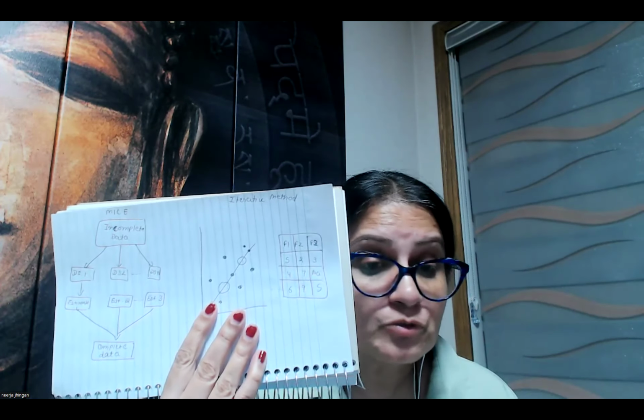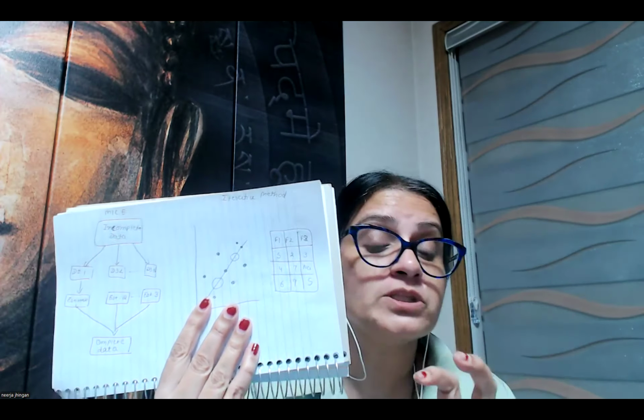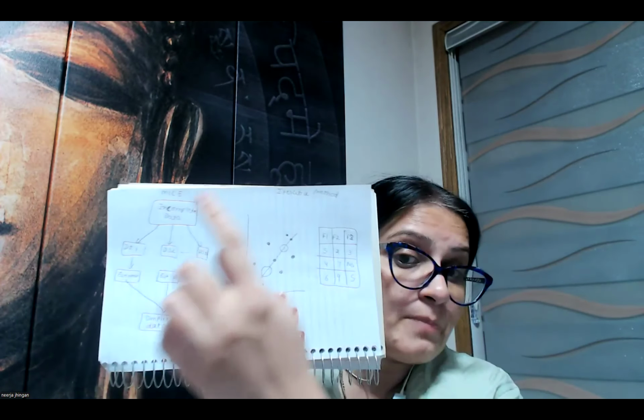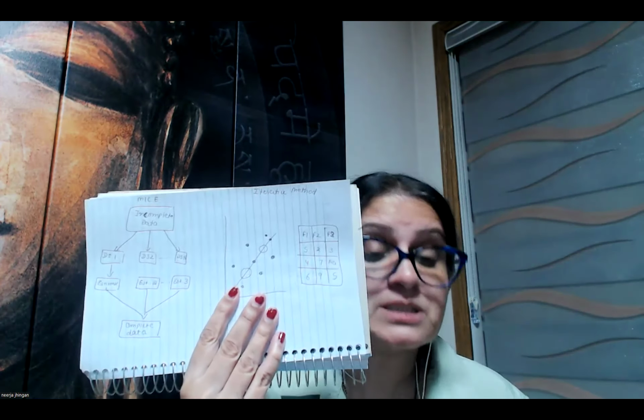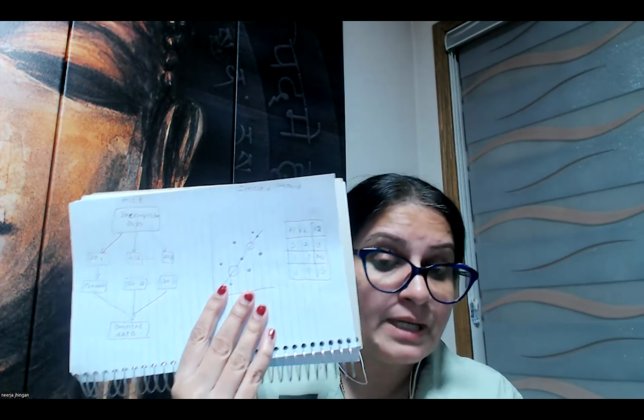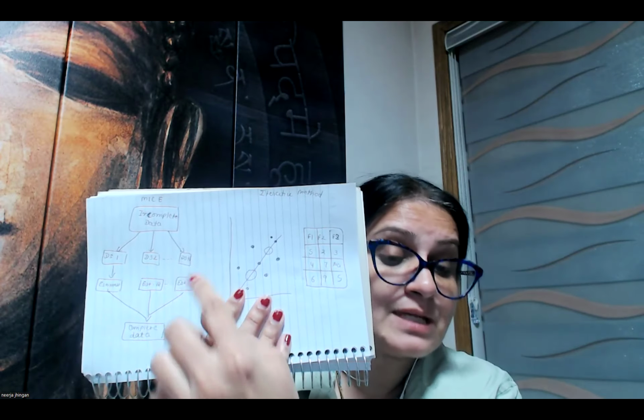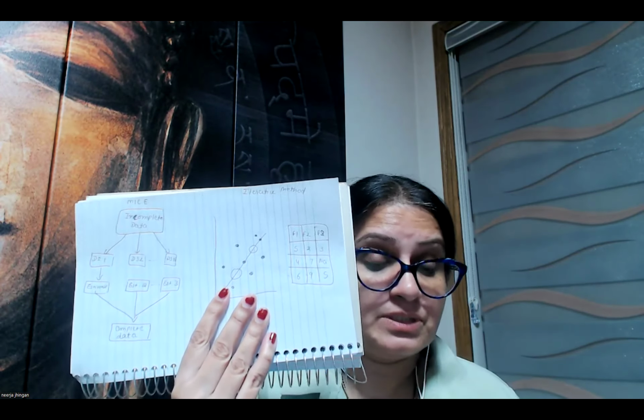But it is not going to give you the result at that time. This is for the process. And MICE is going to create multiple data sets. You are not going to see it. This is a backend process. It will create the multiple data sets with the imputed values.